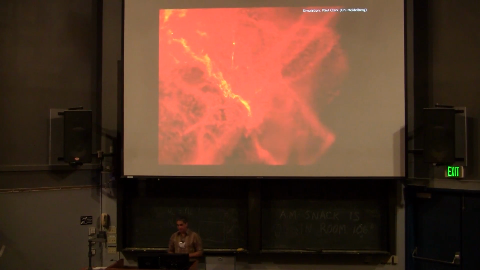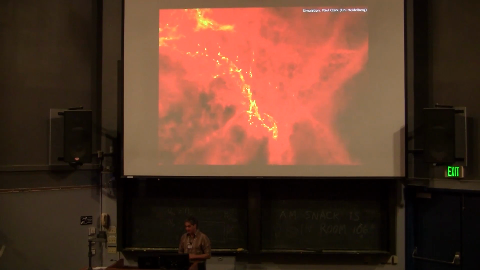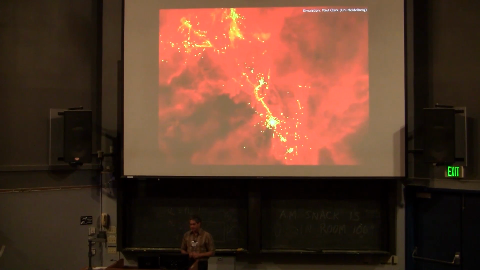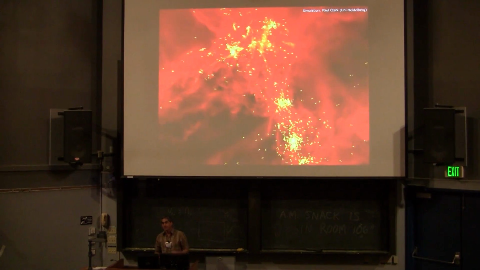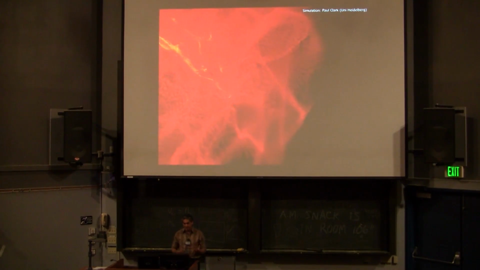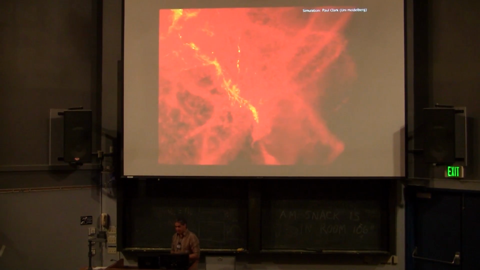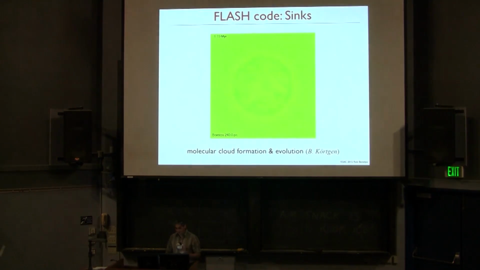So you form a stellar cluster, or even multiple stellar clusters. They interact gravitationally, and as Mark said, they accrete gas while the entire turbulent cloud core is collapsing. So there's a typical application.